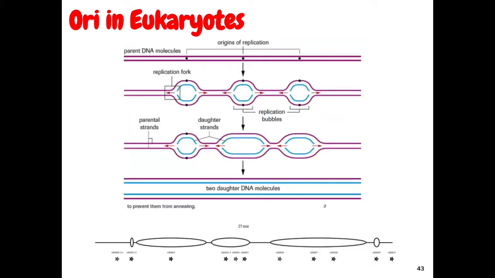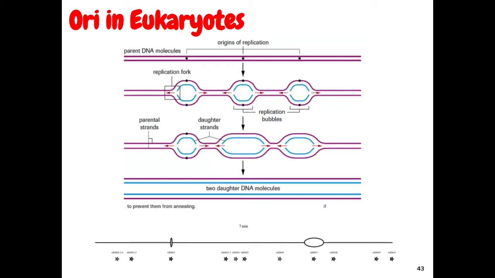In eukaryotic cells, like I said before, there's significantly more genetic information compared to prokaryotic cells. And DNA replication is going to happen in both directions within eukaryotic cells. It's going to start at a site that we call the origin of replication, just like it started in prokaryotic cells.